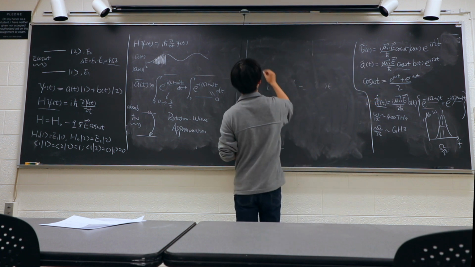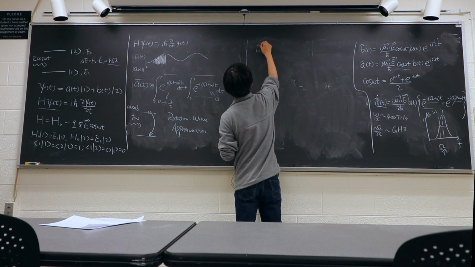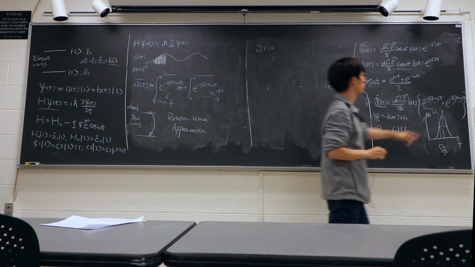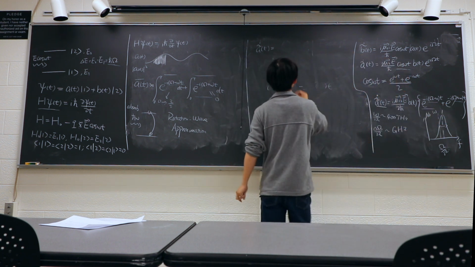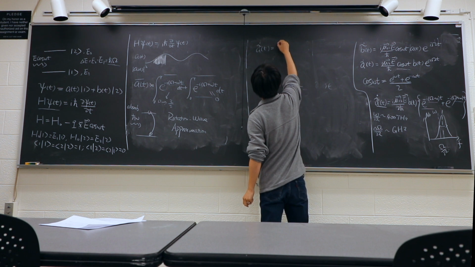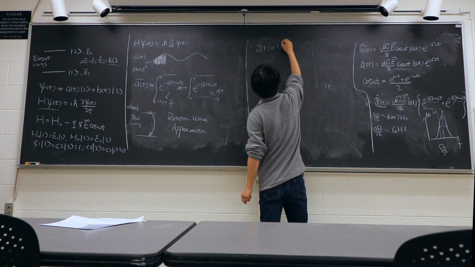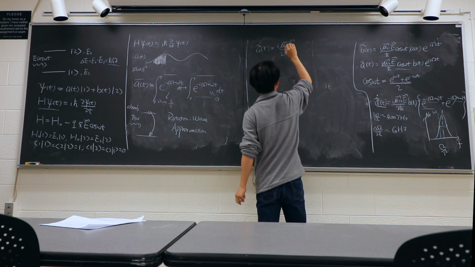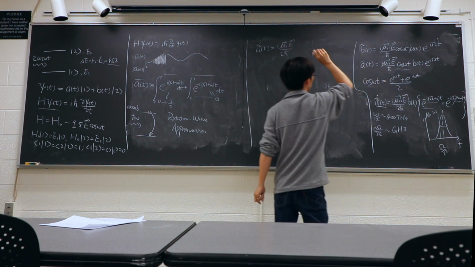So we somehow simplify it by getting rid of this term. Then you now arrive at i, 1, 2, E, h bar over 2, right? I think there's a 2, yes.